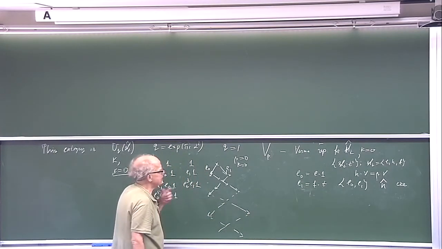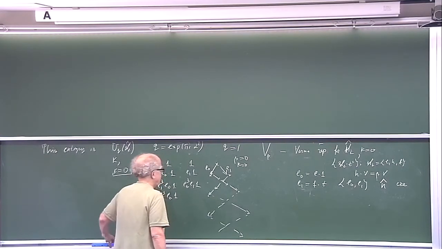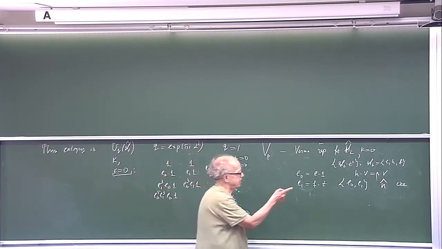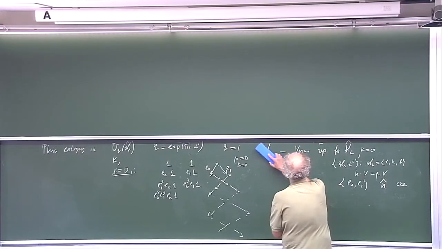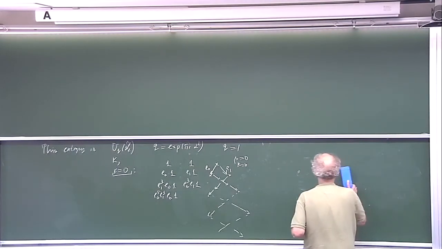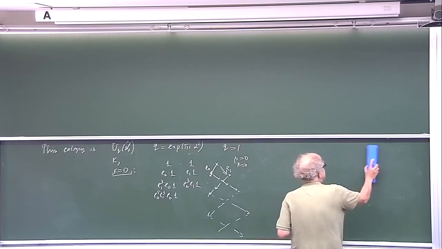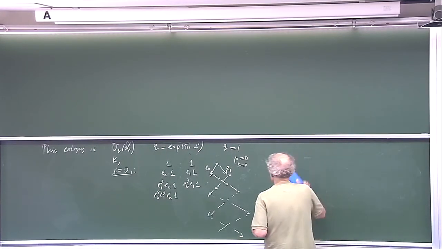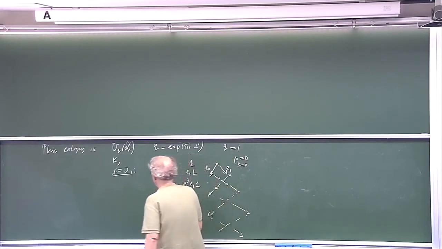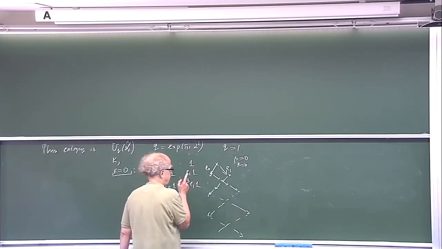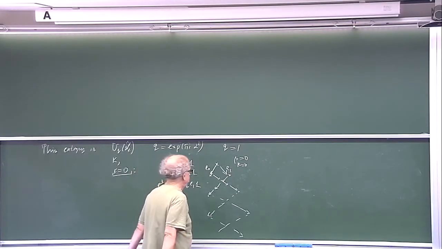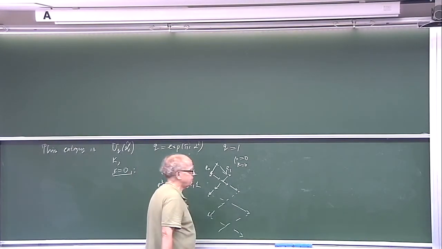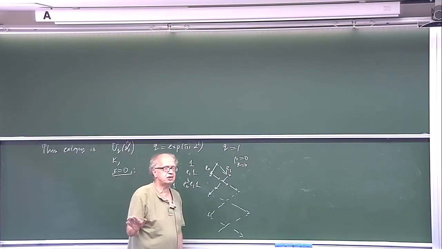And what is the relationship with our picture here? But before explaining this, let me just say that this is common knowledge in the case when q equals 1, but there is no difference in the quantum case. It is just the same formulas and so on.